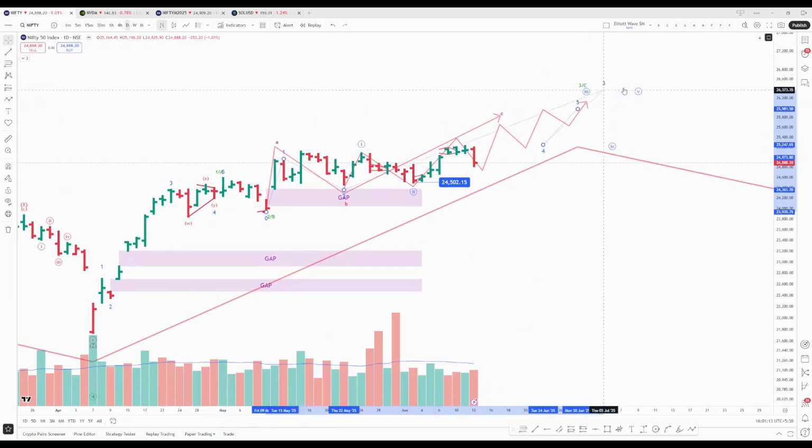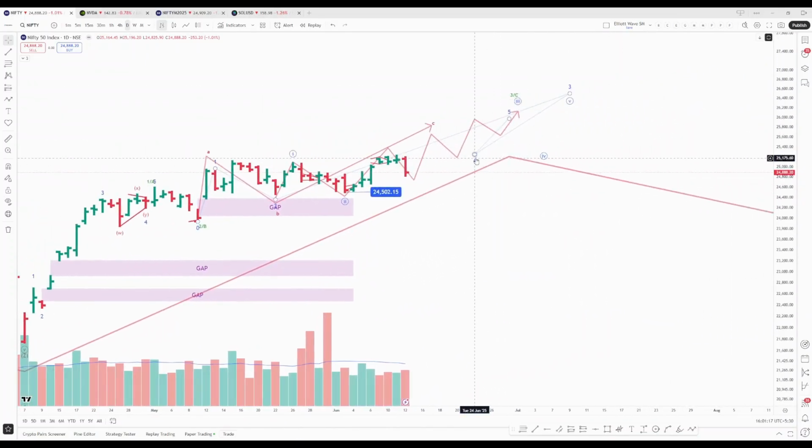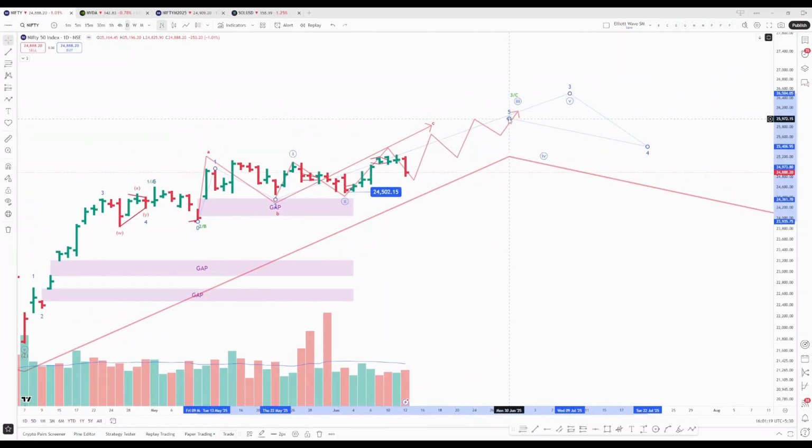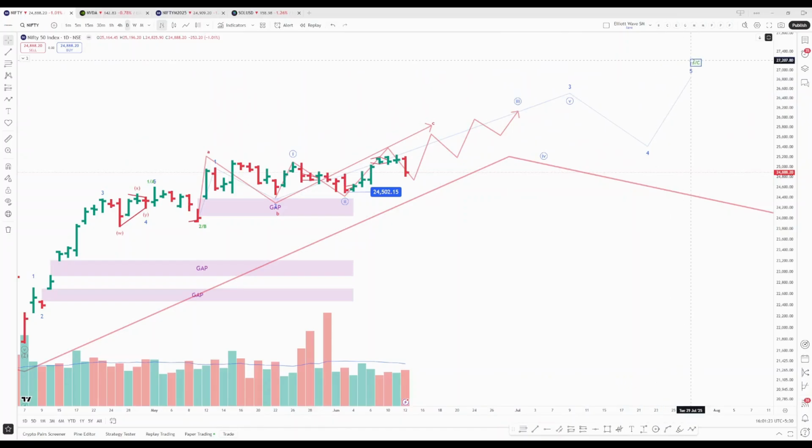It's becoming a bit messy, but I hope this will make it clear. So basically this is 1, 2, and then this will be 1, 2, 3, 4, 5. This will be the third of this third, so it's a further subdivision, and then fourth and fifth.